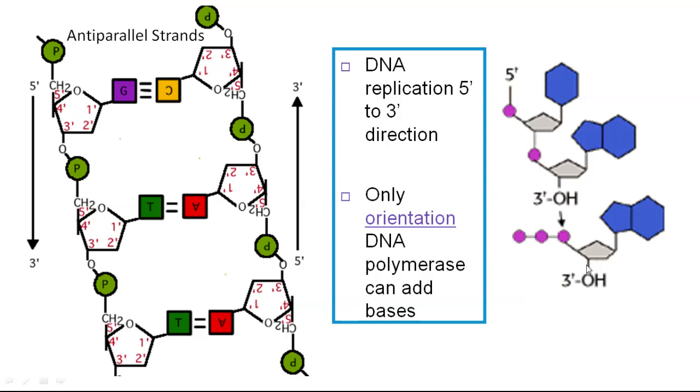Okay, the orientation that it gets put in, the new nucleotide comes in the direction of 5', 3', 5', 3'. So DNA polymerase has to attach right here to put in a new nucleotide, and when it orients, that new nucleotide goes 5', 3'. So this whole strand is going to be in the direction of 5', 3', all the way down. So we say DNA replication goes in the 5' to 3' direction.